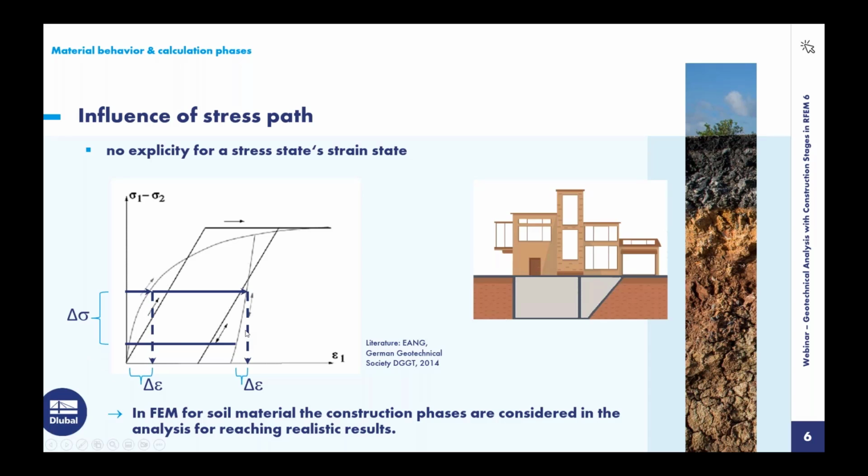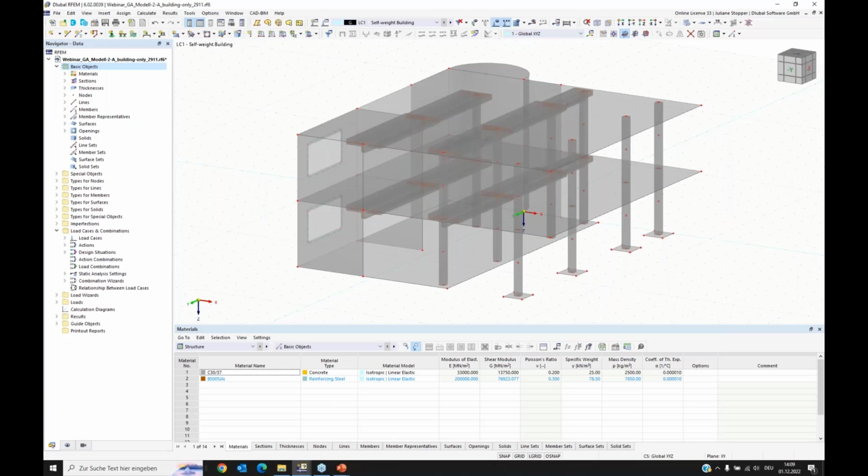Okay, and for this we have in RFEM 6 our add-on Construction Stages, and I will show you now how to create the input in the program, so we change to the program. Here we see the model we will work with.